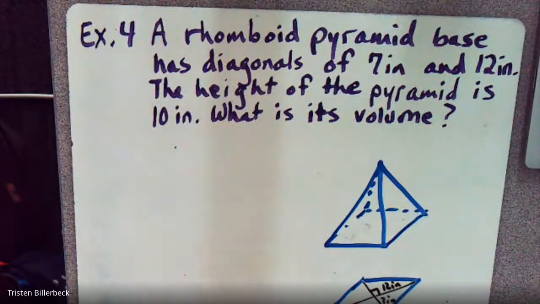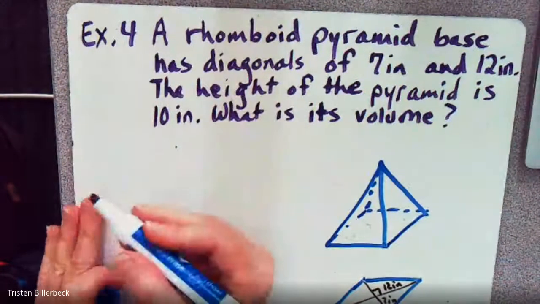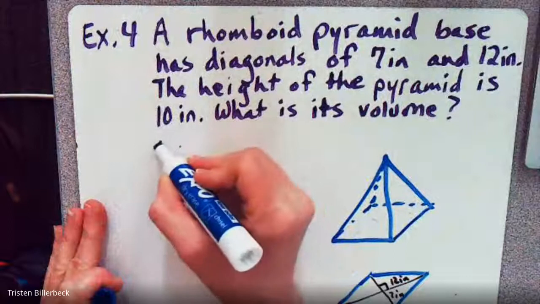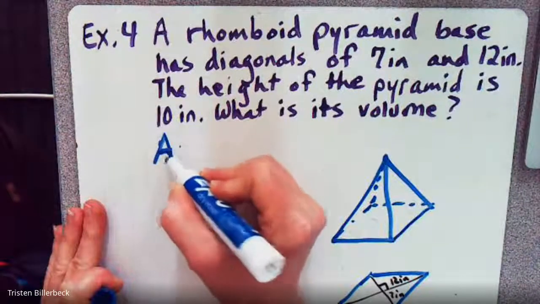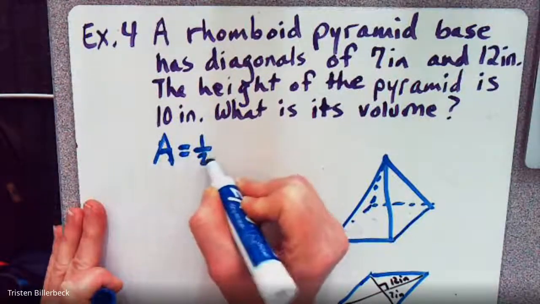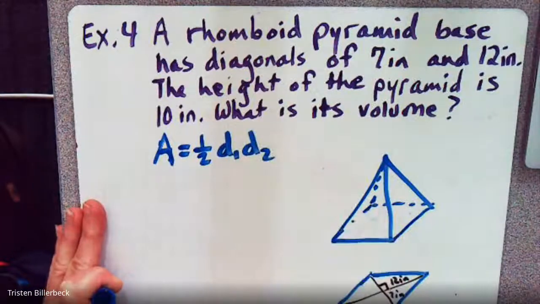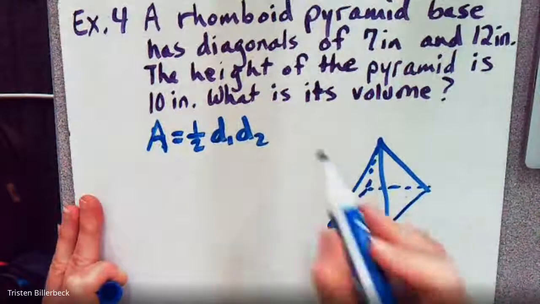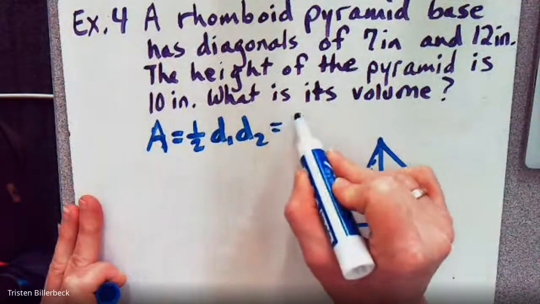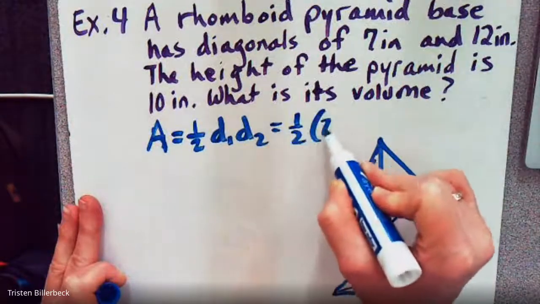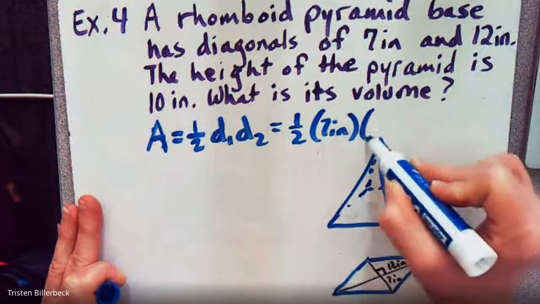So the area of a rhombus is 1/2 diagonal 1 times diagonal 2. So we have 1/2 times 7 inches times 12 inches.